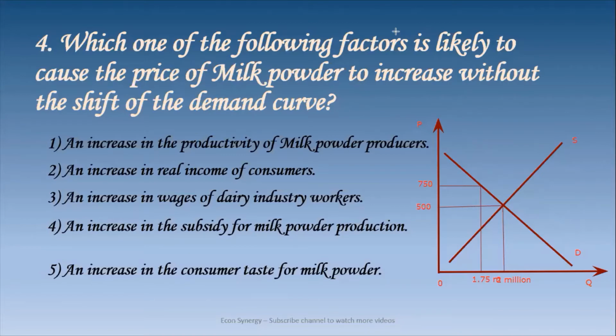The next one, an increase in the wages of dairy industry workers. If wages increase, wage is a determinant of cost of production. It is a determinant of supply. When wages increase, the supply curve shifts to the left like this. Without changing the demand curve, due to the decrease in supply, price increases and quantity reduces.